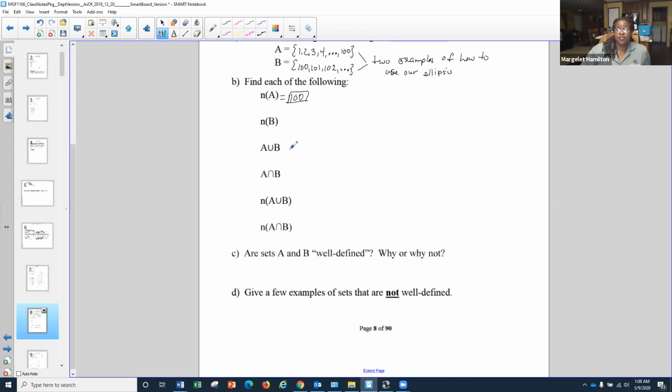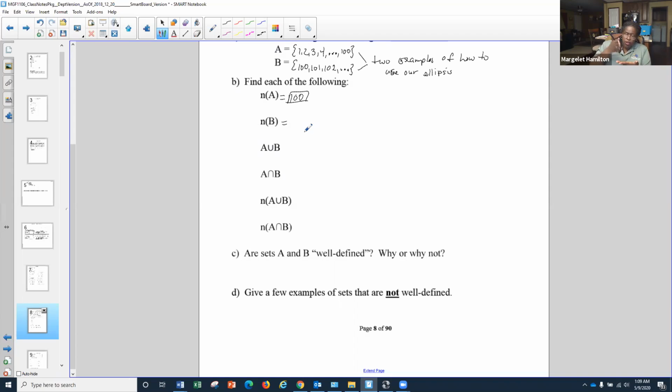All right, but what's the cardinality of B? What do you think? Can we count? We know where it starts, but we don't know where it ends. It keeps going on forever. So it's too many things for us to count. So what are you going to do? In the homework you'll follow what it tells you; if it's written a certain way or you can't count it, it'll tell you to use a certain thing. But we're going to write does not exist, since there's an infinite number of elements.